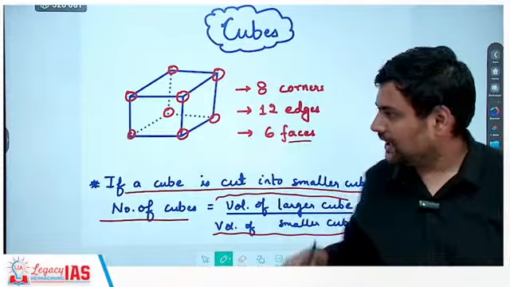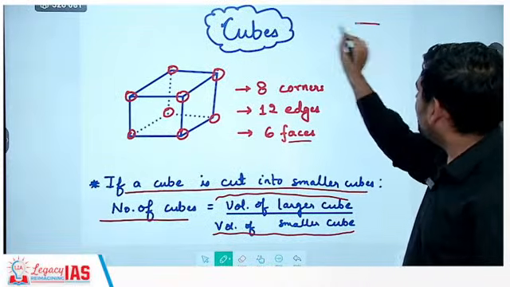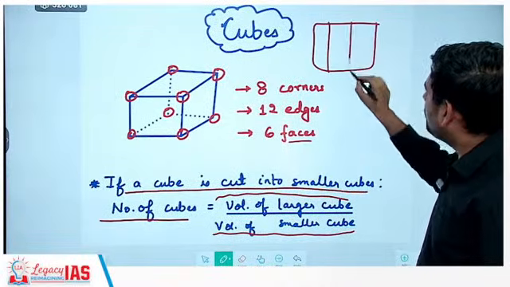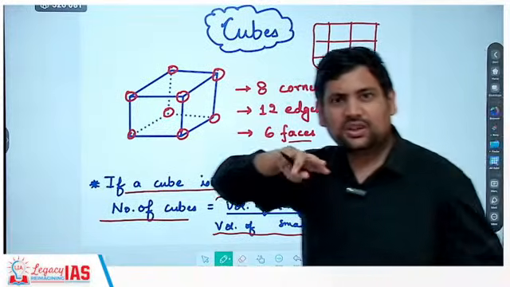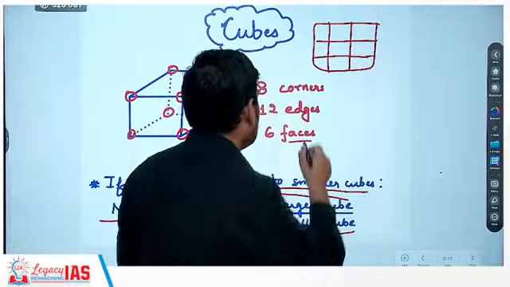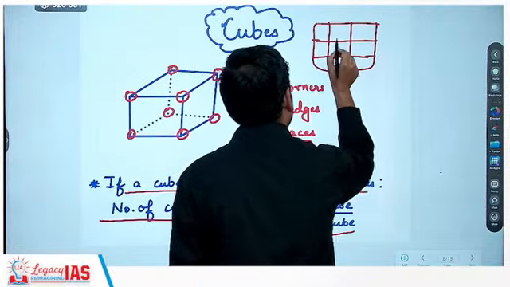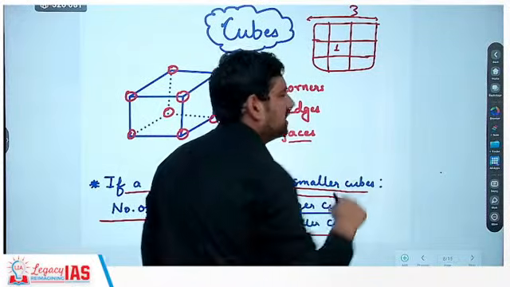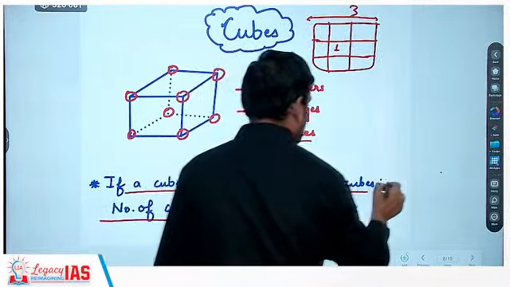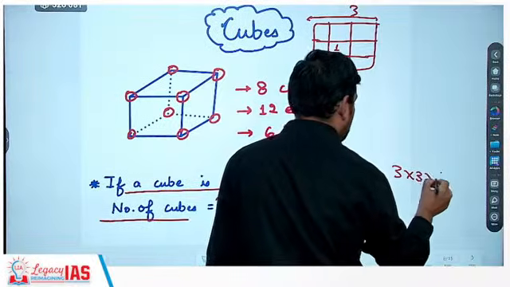For example, remember that cube that you saw there. Let's imagine that all its sides are actually 3 centimeters in length, and the side of the smaller cubes is 1. Of the larger cube, the side was 3. So the larger cube volume becomes what? 3 into 3 into 3.